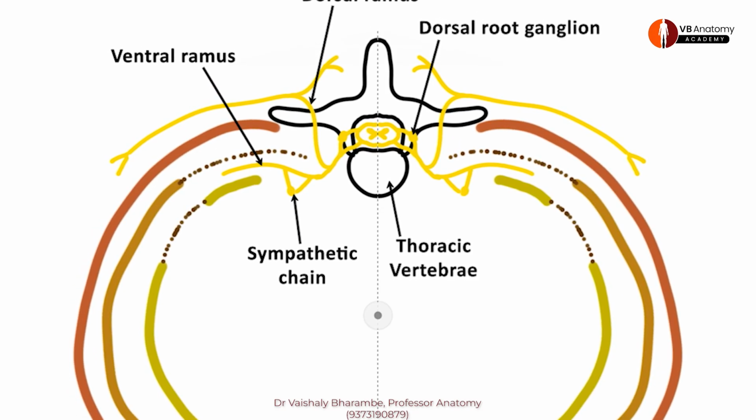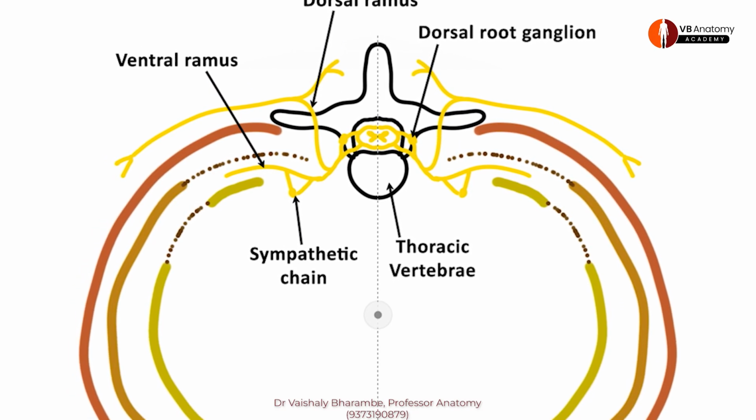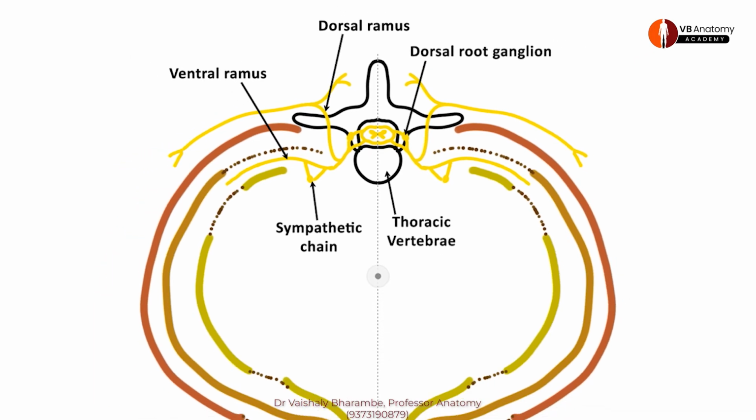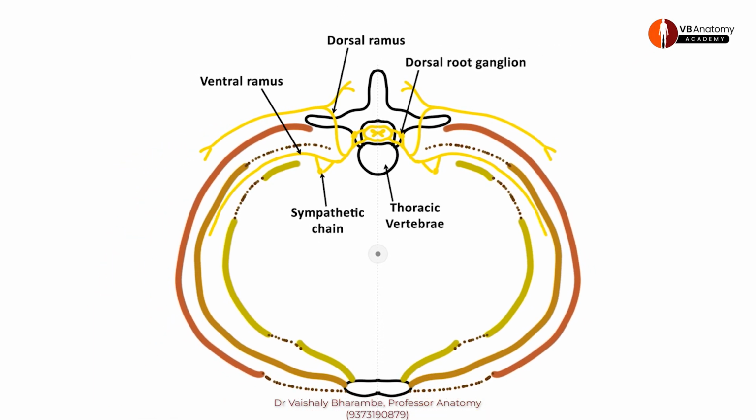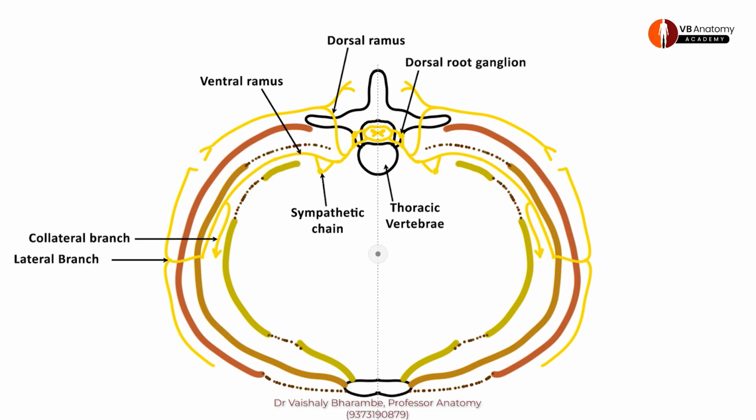Before that, it gives a white ramus and then a grey ramus, through which it is connected to the sympathetic ganglion. The rest of the nerve continues forwards in the space between internal intercostal and intercostalis intimi, piercing the musculature to emerge out as the lateral branch. Parallelly, it's also giving rise to a collateral branch.